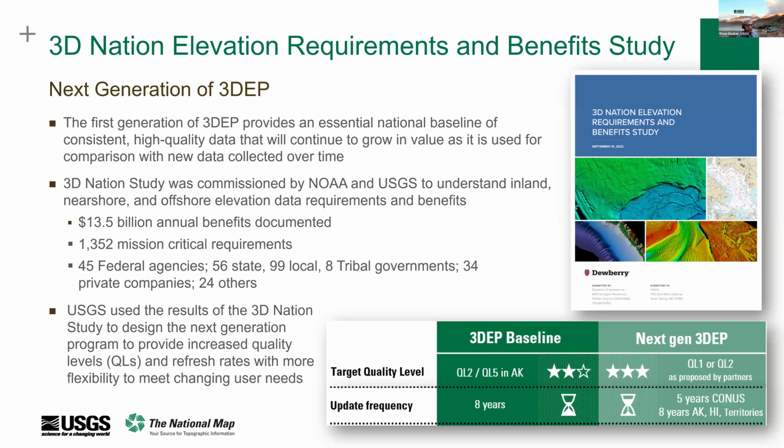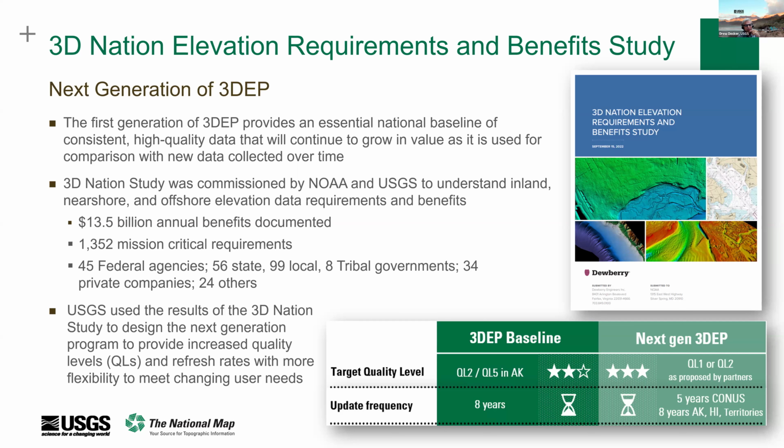And so looking sort of now towards the future of this, we had the 3D Nation Elevation Requirements and Benefits Study. This was done with NOAA and USGS working together on a larger version of the old NEEA study. Okay, it had a whole lot of mission critical requirements. I think there's like 1,300 different ways that the data were used or grouped together, individual cases that were put together.